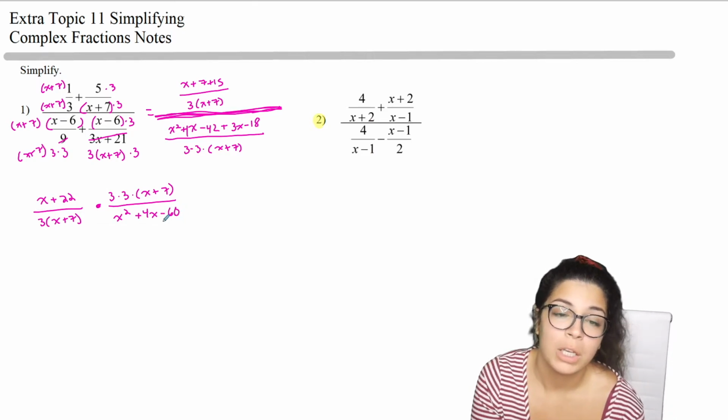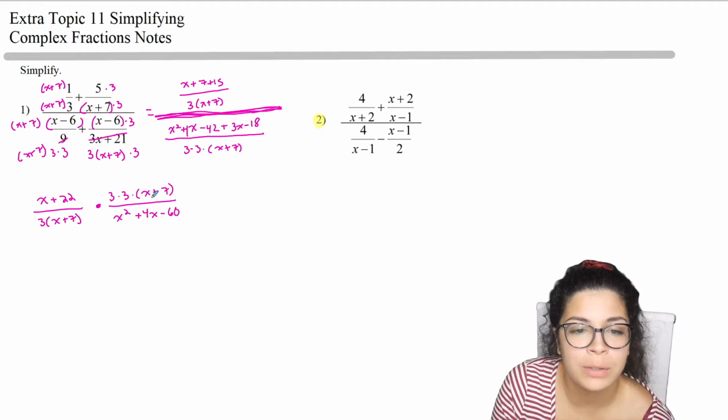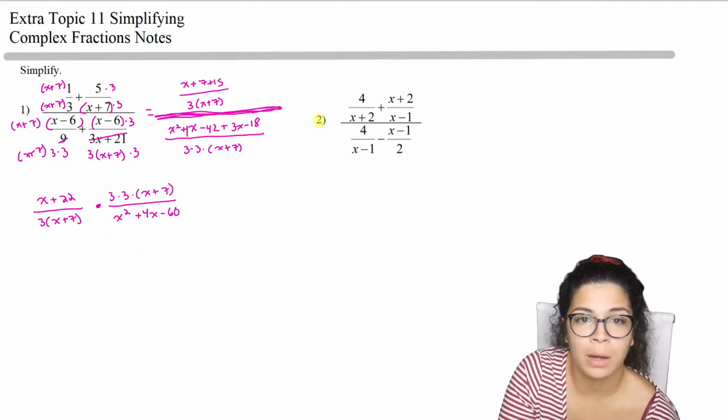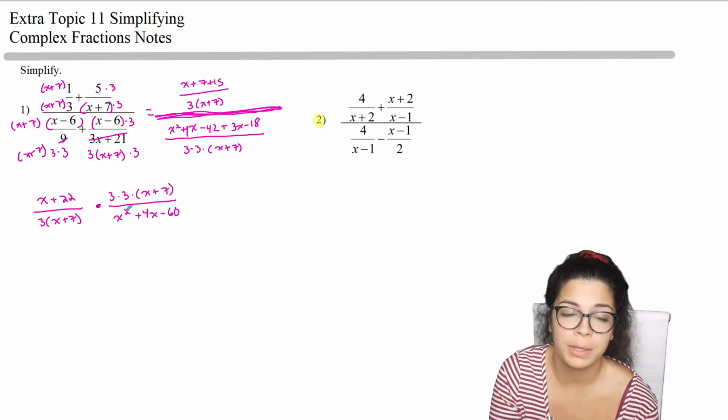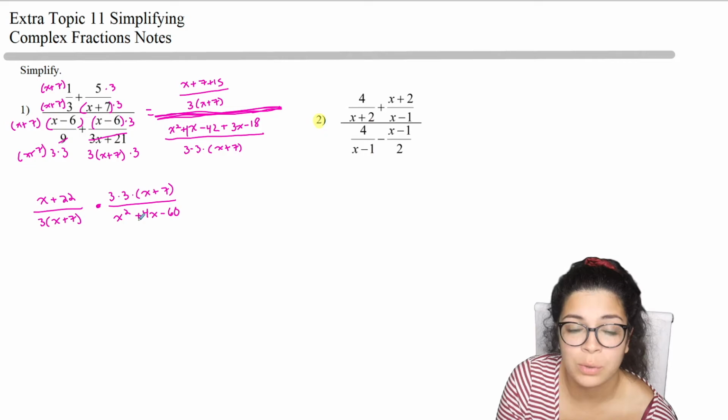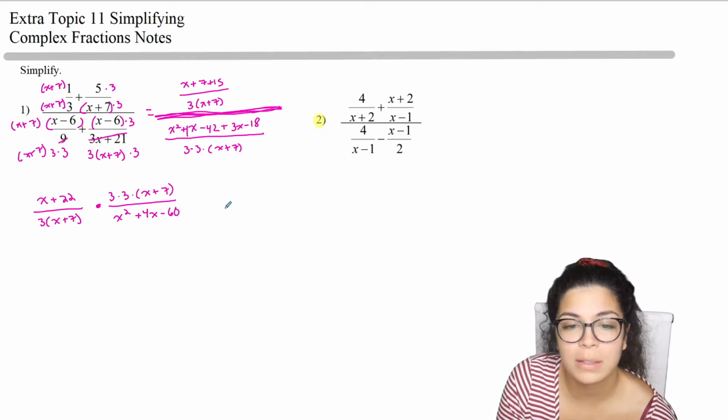Okay. So now we need to go in and cancel out any possible factors that we have in common in the numerator and denominator. However, in order to do that, I will need to factor this guy. So it multiplies to negative 60 and adds to 4.